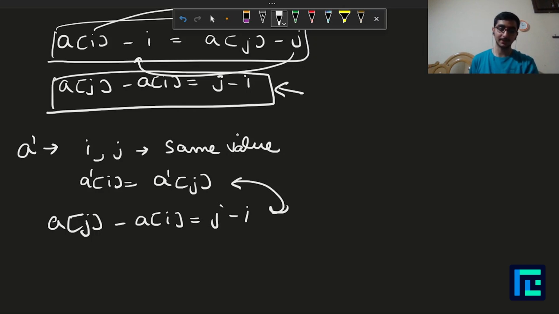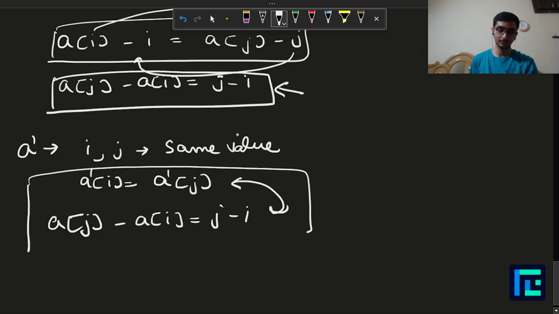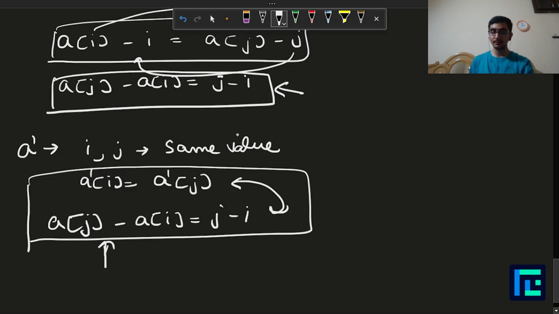These are one and the same, right? So I have proved the congruence between these two equations.